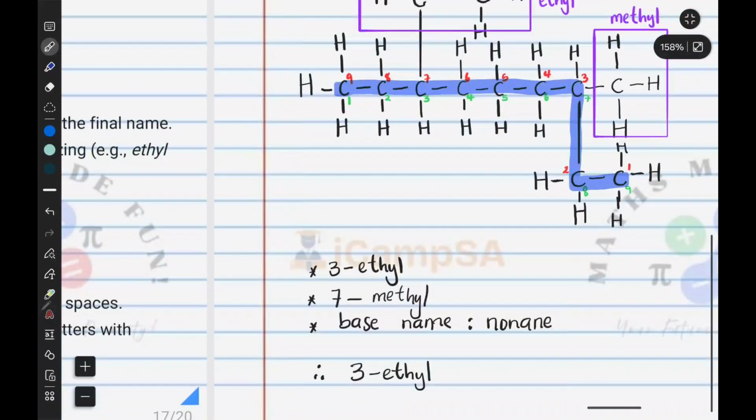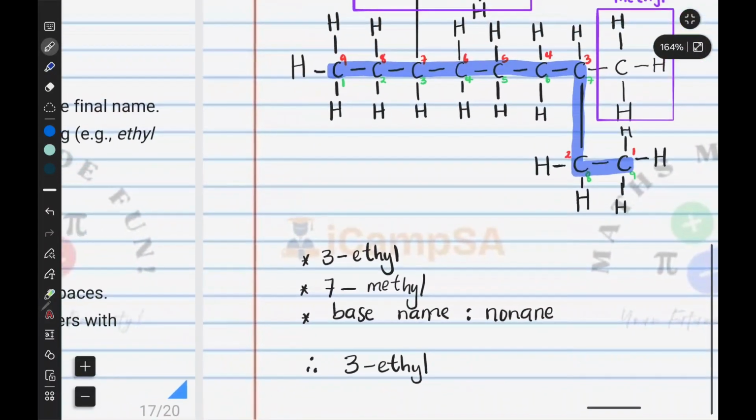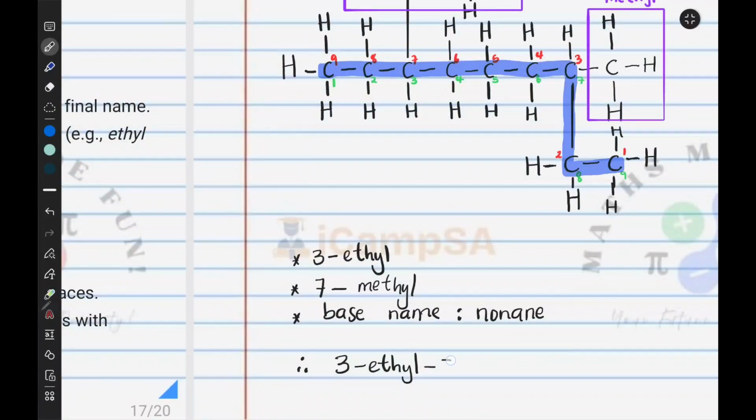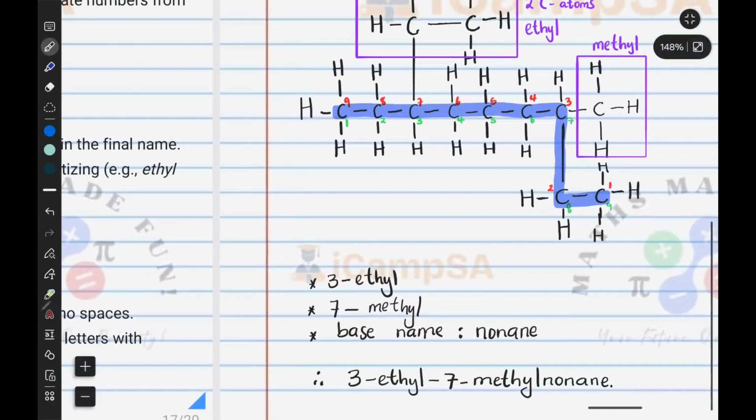Remember what we said, you separate numbers and letters using a dash. So now I must add my other alkyl group and its position. So I put a dash because I will add it here, 7 methyl. Then I add my base name after, nonane. That's how you do it. So that's how you name these things.